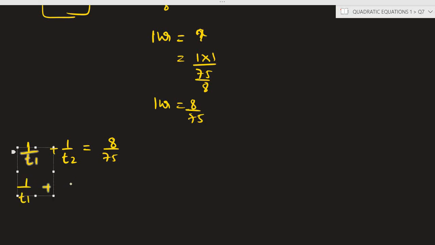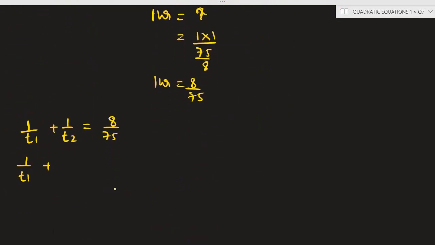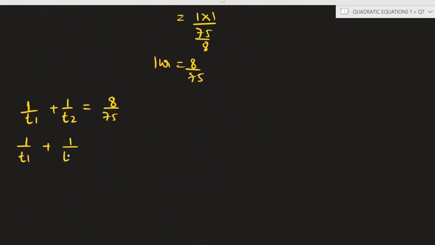Already you know this, 1 by T1. And what is the T2 given? T2 is equal to T1 minus 10, which gives 1 by T1 plus 1 by T1 minus 10 is equal to 8 divided by 75. See, now what I'm doing, I'm taking the LCM. T1 into T1 minus 10, and here I need to multiply with T1 minus 10 and here with T1.